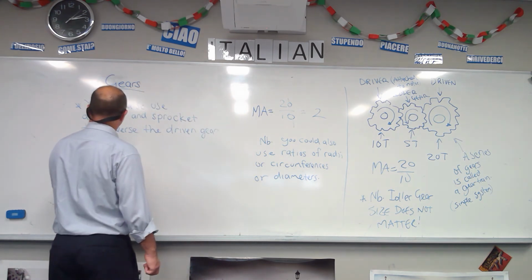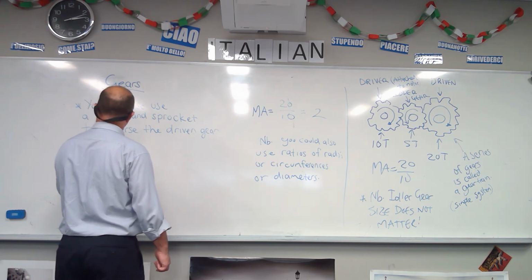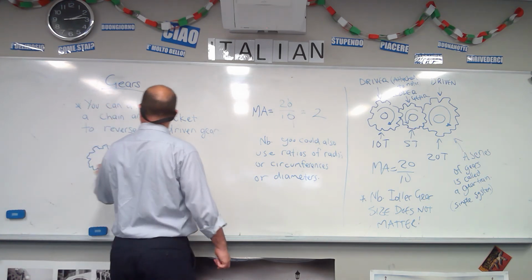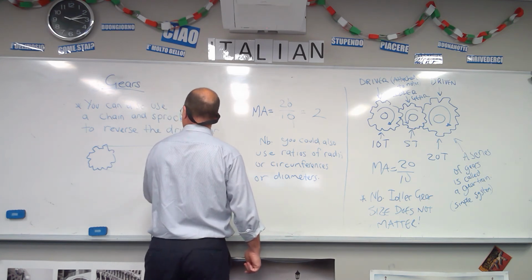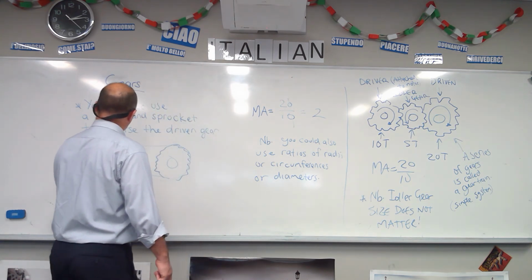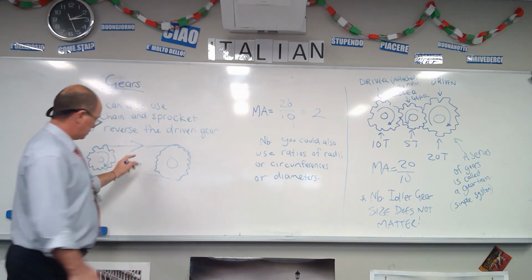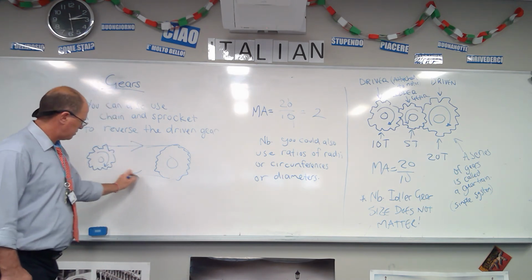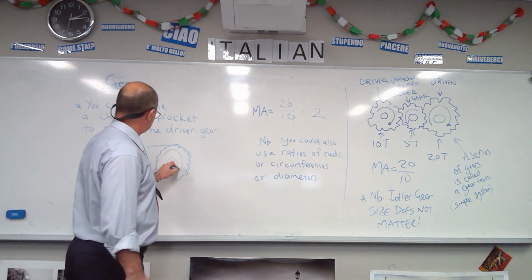So if I have a chain going around here, and this is spinning in this direction, you can see that the chain will be going in that direction and that direction as per the arrows, so the driven gear will spin in the same direction.